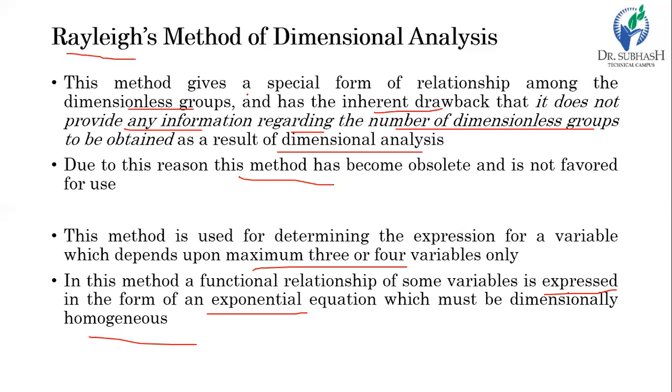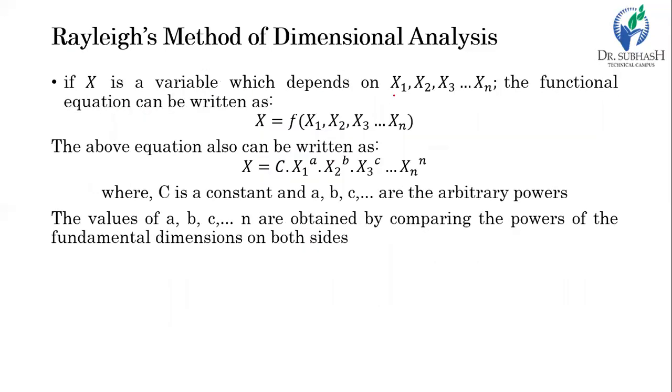Okay, if x is a variable which depends on x1, x2, x3, and xn, the number of parameters is n. So here, first understand what is a dependent and what is an independent variable. Here, x is considered as a dependent variable on these independent variables. So if you change anything, either increase or decrease, the variation of x1 is directly related to x.